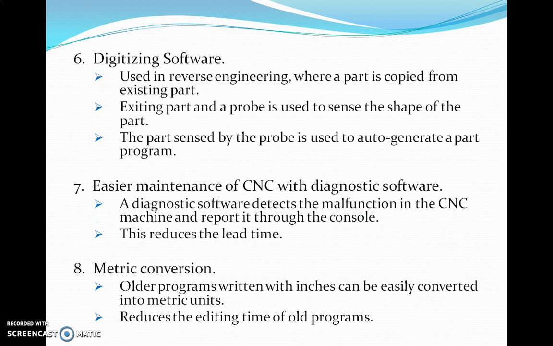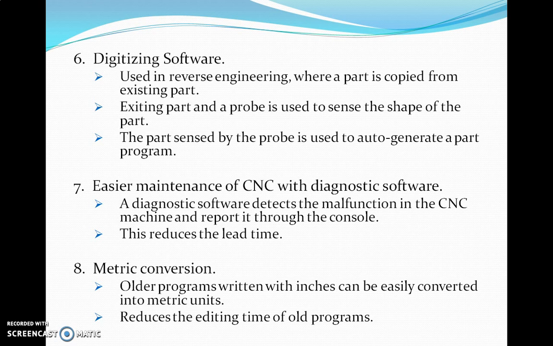The next point is digitizing software. Basically, it is a reverse engineering process where a part is copied from an existing part. Just imagine an existing part is placed on the CNC and a probe is used to sense the shape of the part. All the points where the part is sensed by the probe are used to generate the part program.